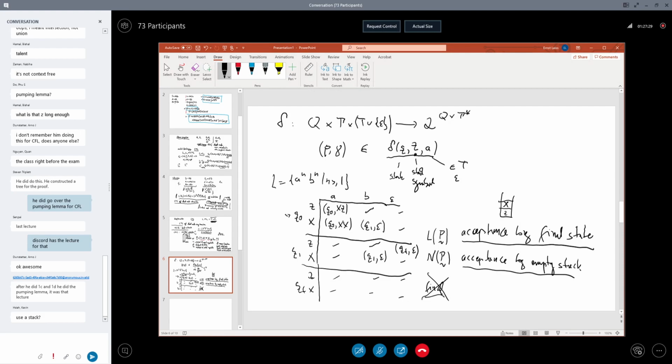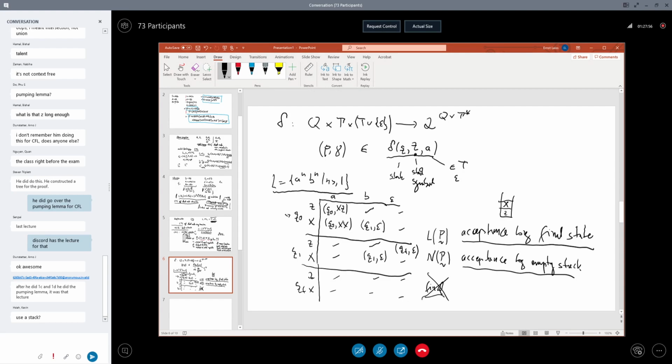In this particular case, both modes of accepting will end up with that language, a to the n, b to the n. And so that means that in this case, it would not make any difference whether you want to accept by final state or by empty stack.